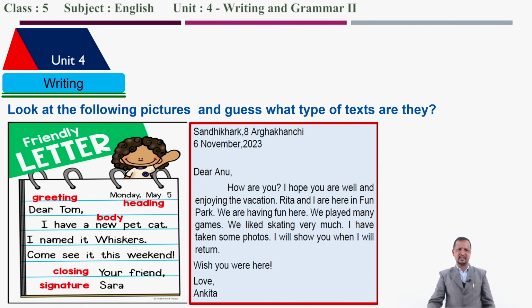So dear student, now look at these two pictures and find out the differences. Okay, number one and number two, find out what is written. Let's see here. Okay, here greeting, heading, body, closing, signature kinds of things are written, right?